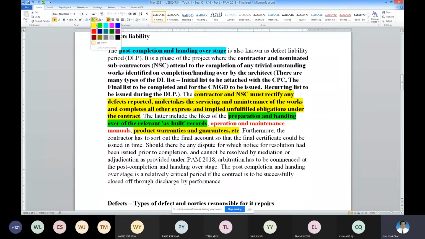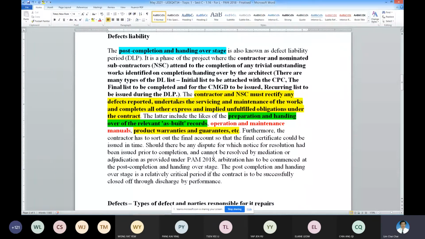These are the things that the consultants must ask the contractor to prepare in advance, not start collecting only on the last day. A lot of the documents can be prepared in advance. For those that cannot, within the defects liability period they must complete them and pass them to the consultants, and the consultant will compile them nicely and pass them to the owner.